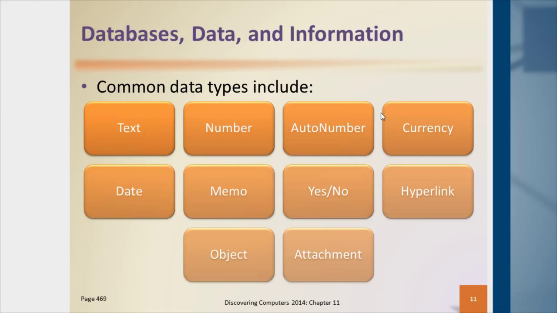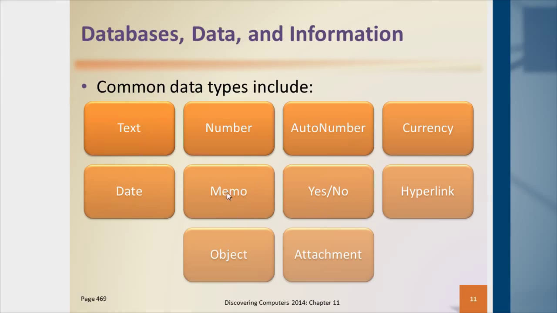Common data types include text and numbers, those are the easy ones, but there's also auto number, if we want to create some sort of automatic number that we know is never going to be duplicated, which is important. We'll talk about that a little more in a minute. Another data type is currency, hyperlinks, and Boolean for yes or no, like checkboxes, or true and false.